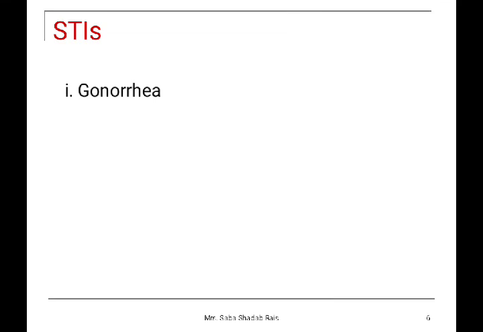Now what are the symptoms of gonorrhea? In the case of males, they have painful urination, even discharge of pus from the penis, and the infection can spread to the epididymis. Now we have seen that the testes have a connection with the epididymis. So this infection can spread to the epididymis.